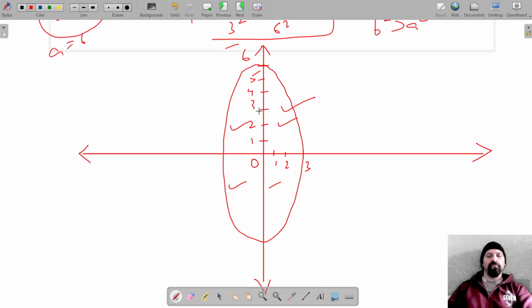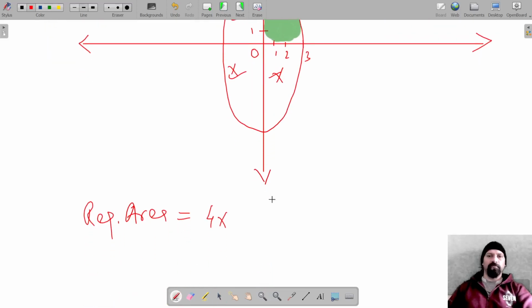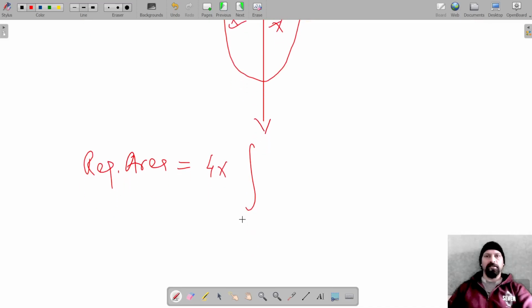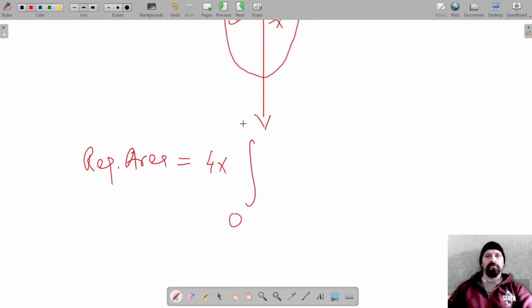So we have four regions, 1, 2, 3, and 4, and all these are symmetrical. So I will find the area of this region and multiply it with 4. So the required area is 4 times the integration from 0 to 3 of y dx.